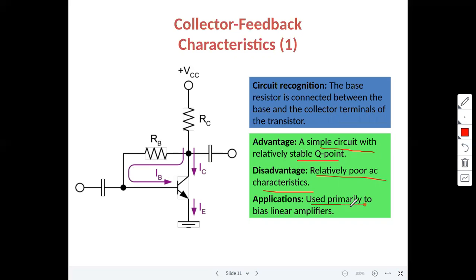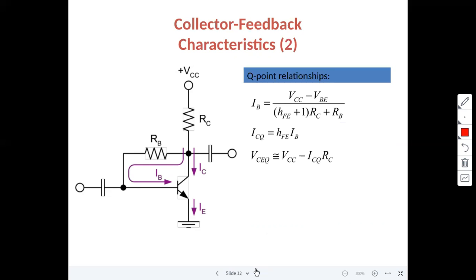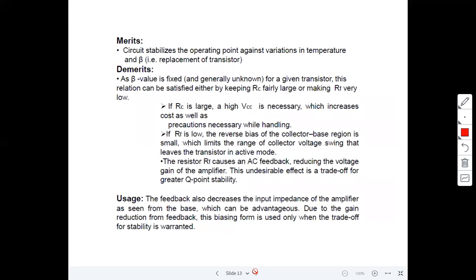It is used primarily to bias linear amplifiers. And once again, these are the base current equations, ICQ and VCEQ.